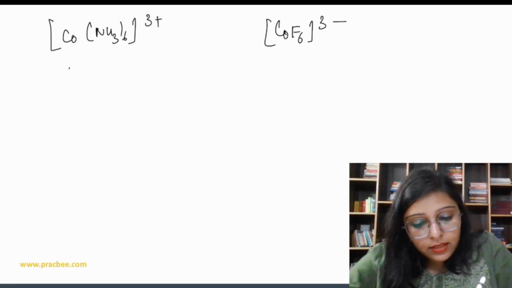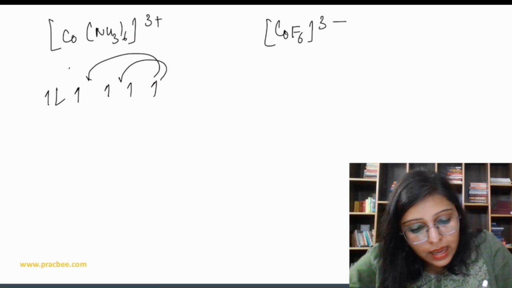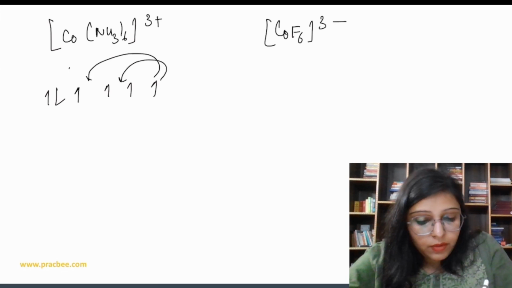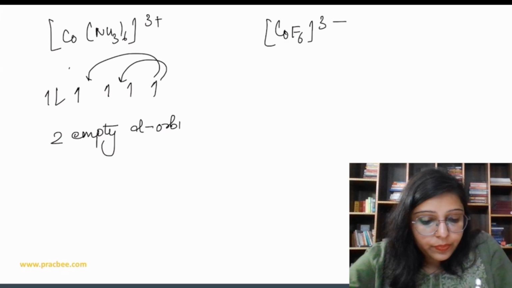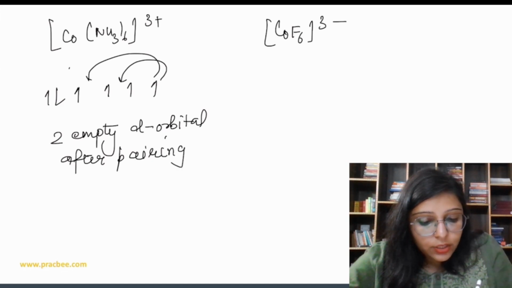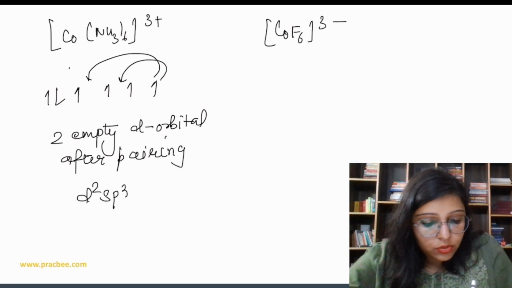So here we write 3d6: 1, 2, 3, 4, 5 and 6. Here pairing happens, and after pairing we will have two empty d orbitals. So here the hybridization is d2sp3, and we get an inner octahedral complex.